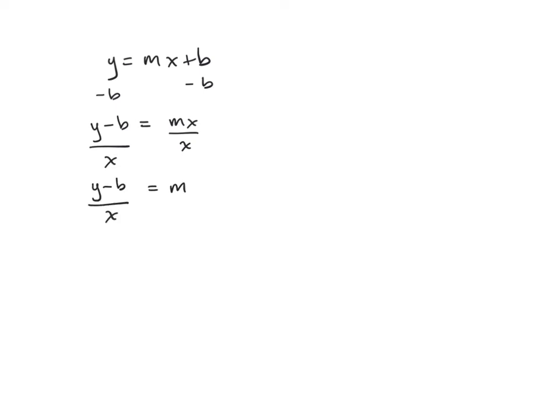So if you ever want to know the slope of a line, and you know a point on the line and also the y value of the y-intercept, you could just plug it into this right here, and it would give you your slope. So I'm going to rewrite that. So we've got m equals y minus b over x. And that is the slope-intercept equation solved for the slope.